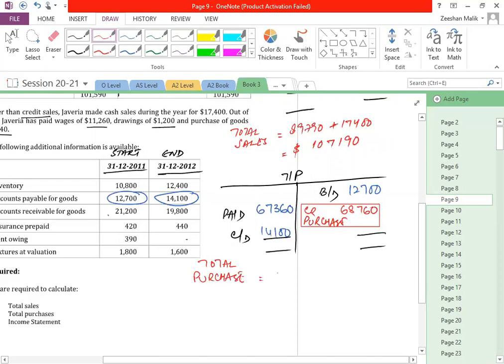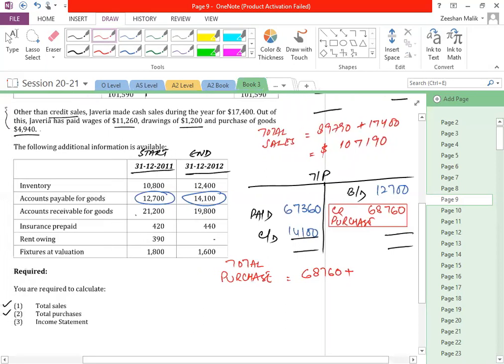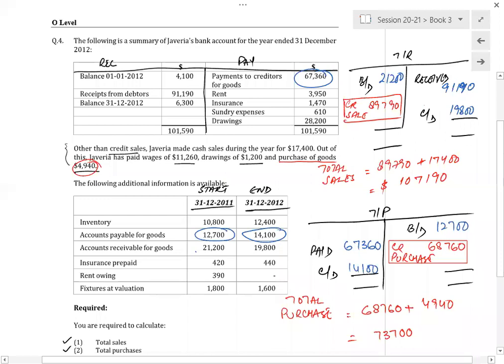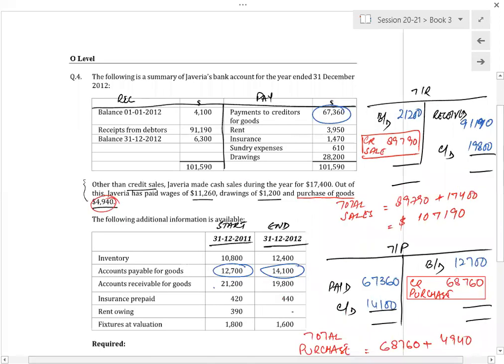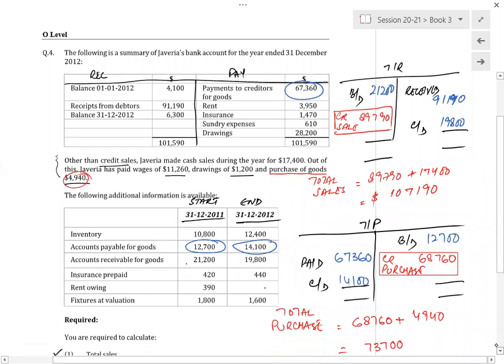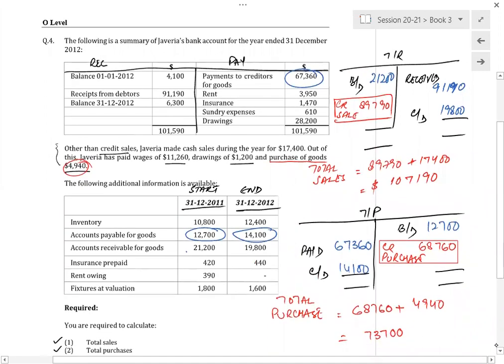For total purchases, you're supposed to add credit purchases and cash purchases. Here we have purchase of goods 4,940. Total 73,700. So you may look carefully at how we perform the calculation of sales and purchases.